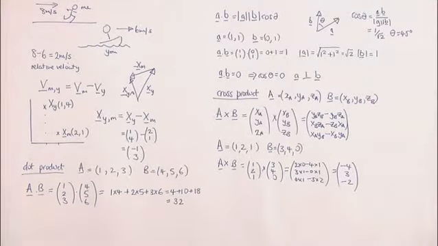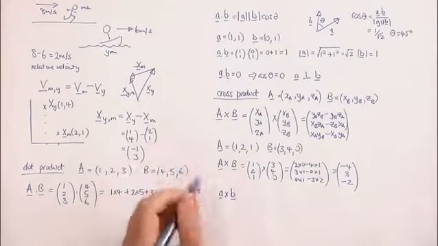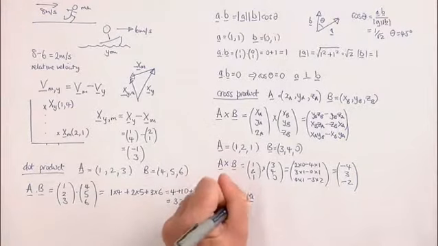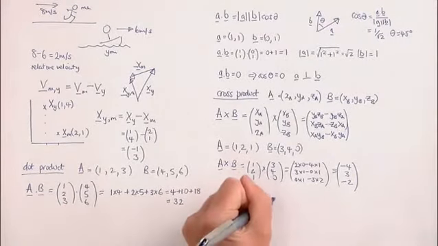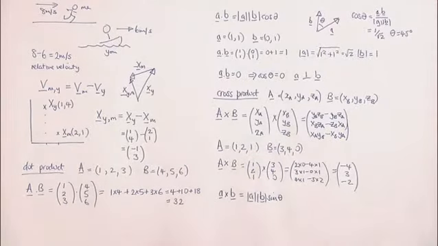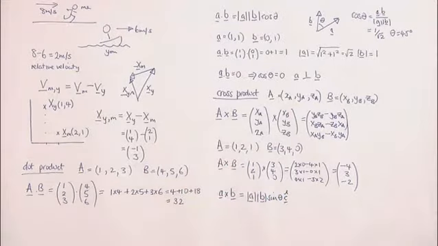The cross product of A and B is defined as being equal to the magnitude of A times the magnitude of B times sine theta, where theta is the angle between them, times c, where c is a unit vector which is perpendicular to both A and B, and where A, B and C form a right-handed set.